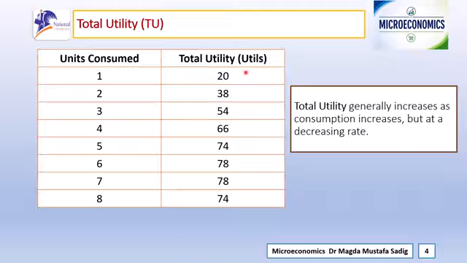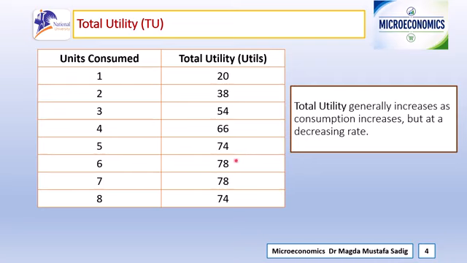Between the first and second units, utility increases by 18 utils. Between the second and the third units, utility increases by 16 utils only. Later, it increases by only 12 utils, then only 8 utils, finally only 4.